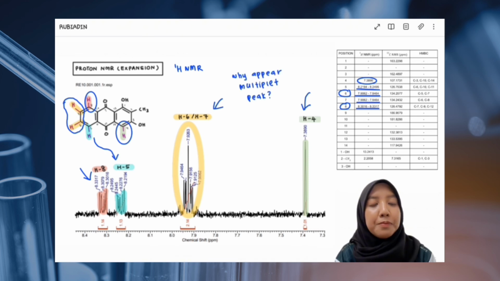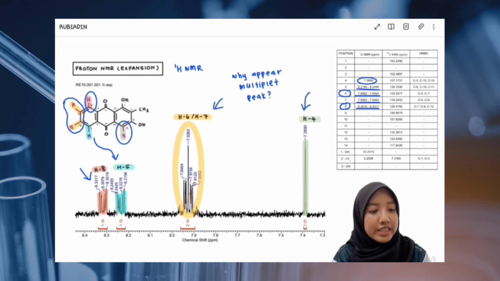Some peaks appear as multiplets rather than single peaks because of coupling, which arises from the interaction between neighboring protons.